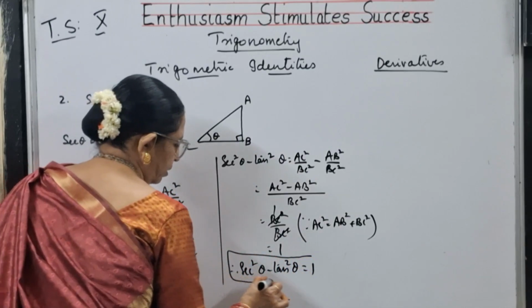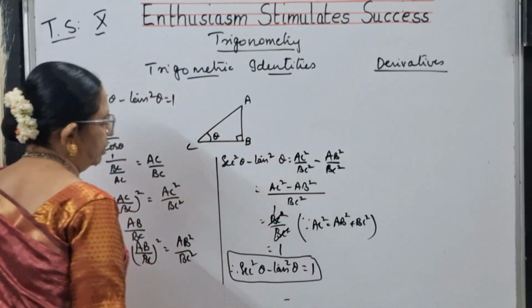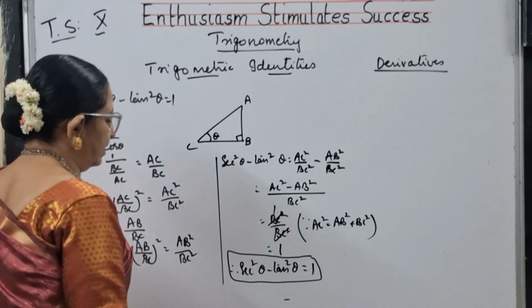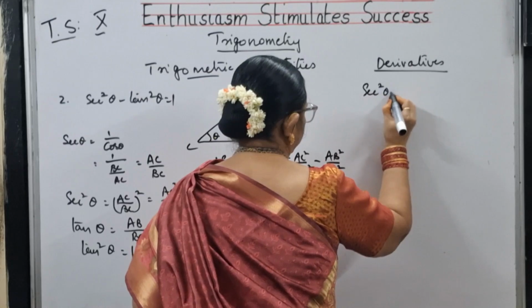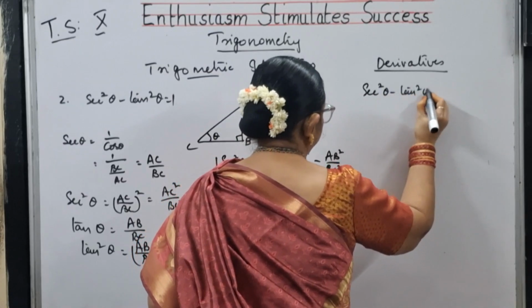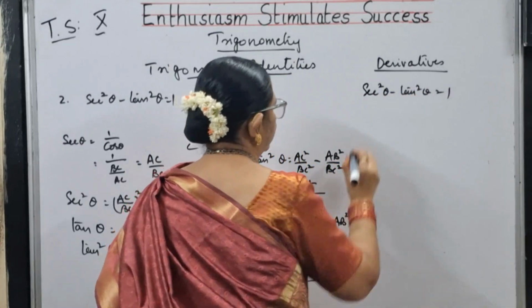This is the second identity. So with this, let us see the derivatives. Secant square theta minus tan square theta is equal to 1 is the identity.